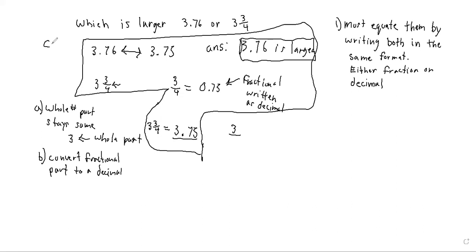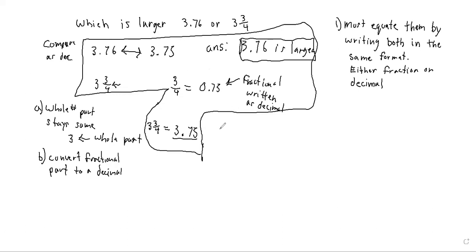We compared as decimals. Now let's do the other way: convert one of them to the fractional format and compare them as fractions. And we're going to see we come up with the same answer.